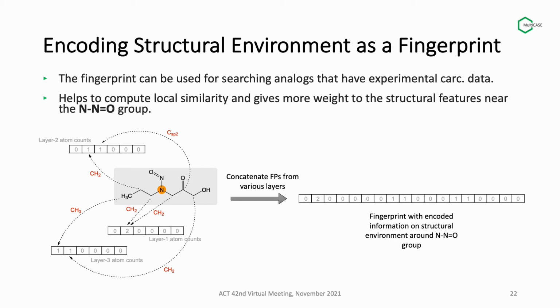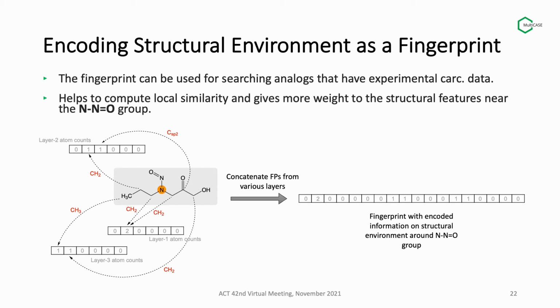Then I went one more bond away from the nitrosamine group and built another small fingerprint, and then another bond away to create a third. So 3 different fingerprints were built by going one bond distance further away from the nitrosamine functionality, which is shown by the orange circle on the left side of the picture.